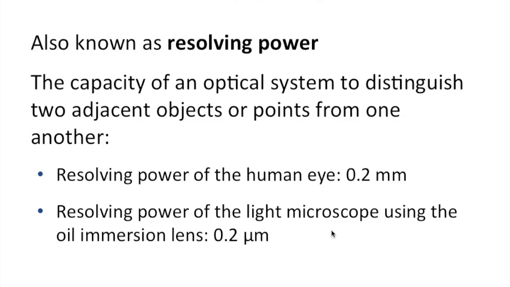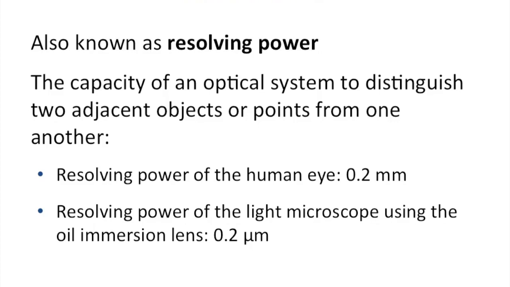Now let's talk about the resolution. Resolution is also known as the resolving power. It is the capacity of a device to distinguish the distance between two adjacent objects. So if a device can distinguish a very small distance, that means it has a higher resolution.